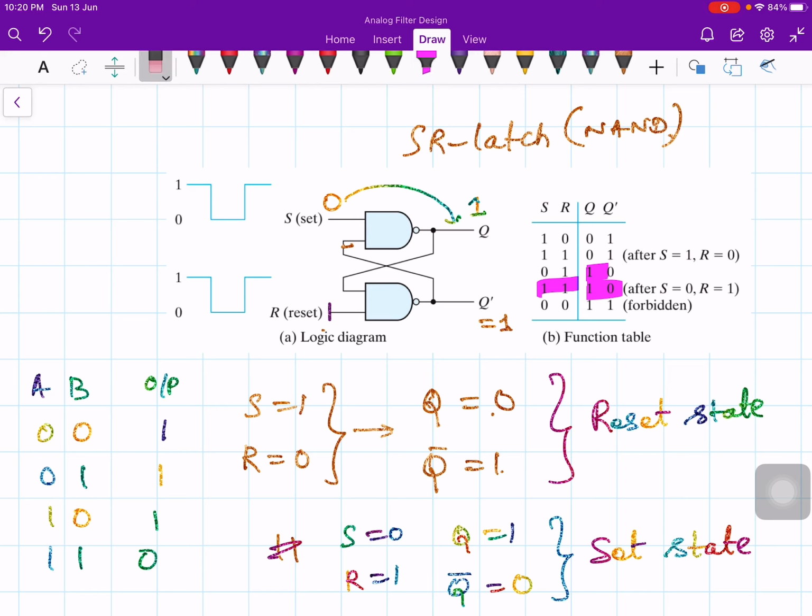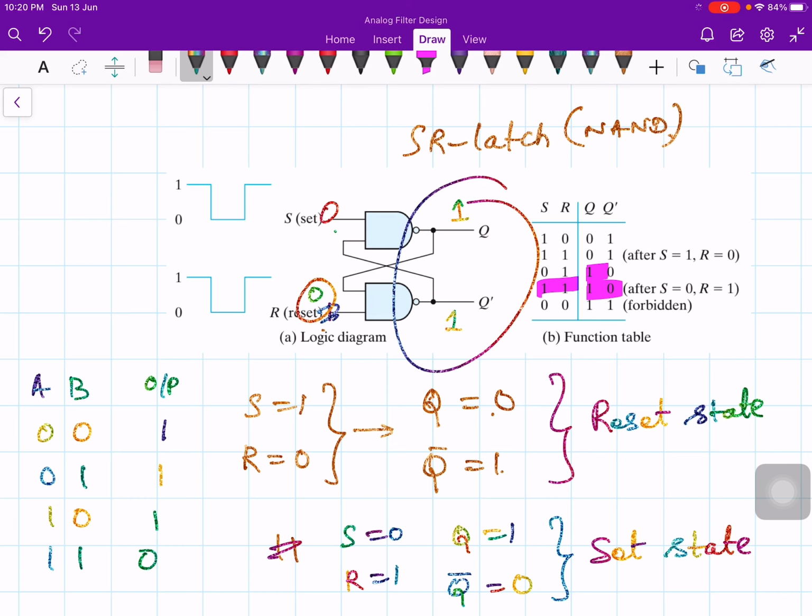But the problem is, again in this NAND gate construction also, if you apply 0, 0 here, then what is going to happen? If any one input is 0, output is 1. Here also if any one input is 0, output is 1. So this is not allowed. This is called the forbidden state.